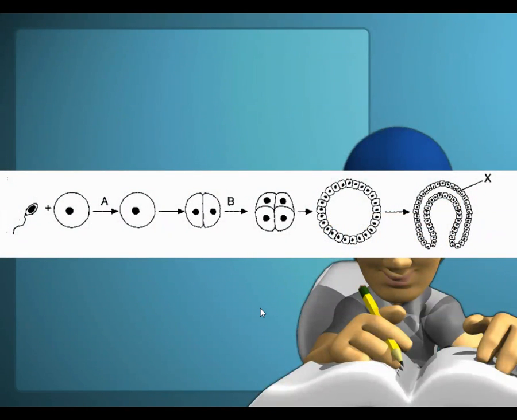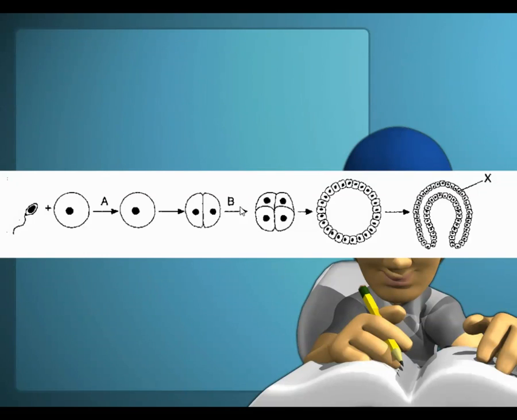This diagram is showing the process of fertilization and then development. So on the left, we have a sperm and an egg, and when they get fertilized, this is going to be our zygote. So structure, or line A here, arrow A, is going to be labeled as fertilization. And then it starts to go through cell division.